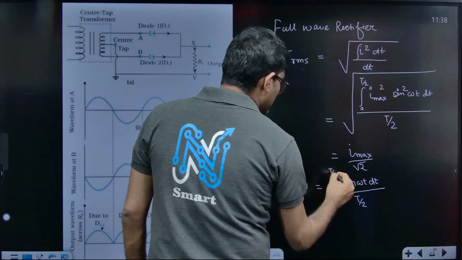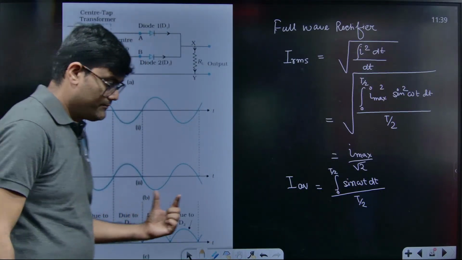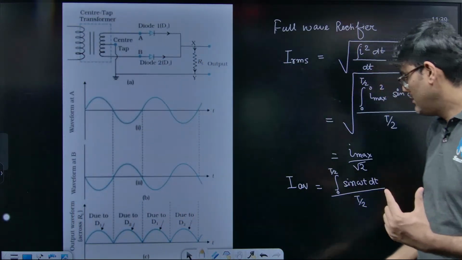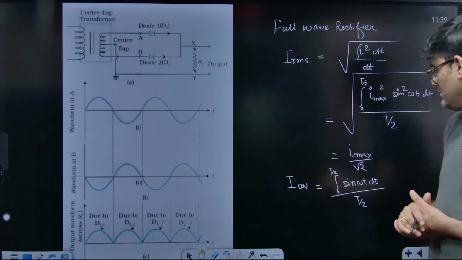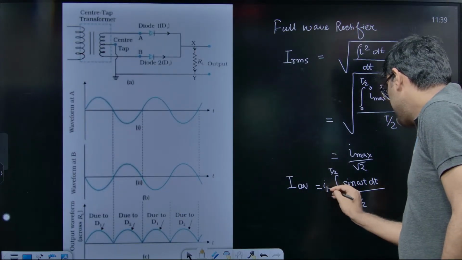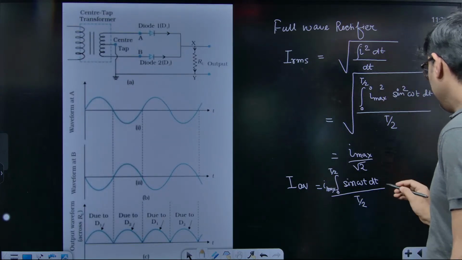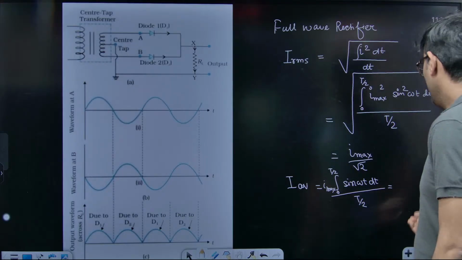So it is the average value of one sine function, average value of a sine function in a half cycle, right? This average value, of course, there will be I max before this.